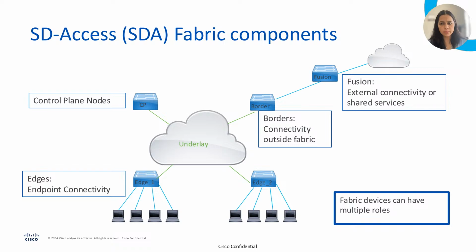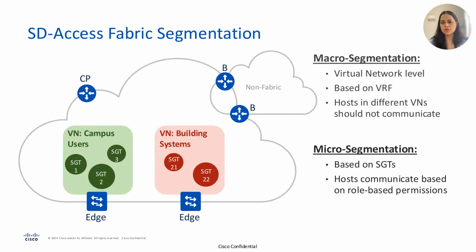Then we have a control plane node, which is like a mapping database that keeps track of all of our endpoints in the fabric. It also maintains a table that keeps the EID to RLOC mapping, meaning which endpoint is connected to which edge switch. So it keeps all that mapping as well. These are majorly the main components of an SDA fabric. Just a quick recap for that.